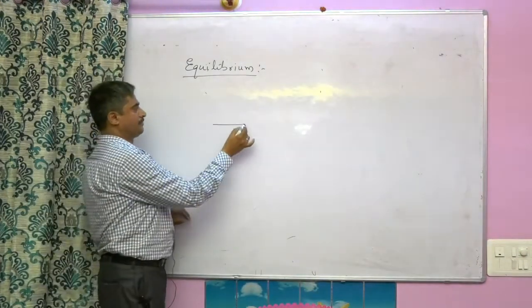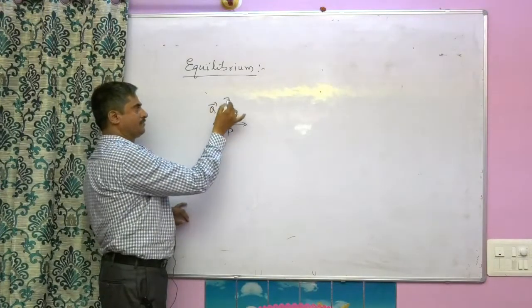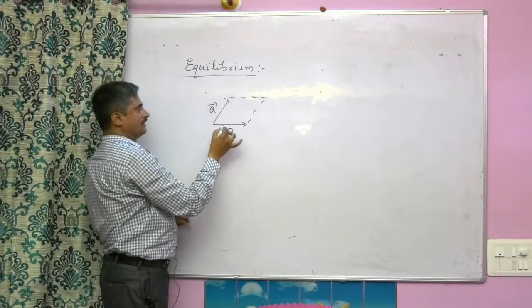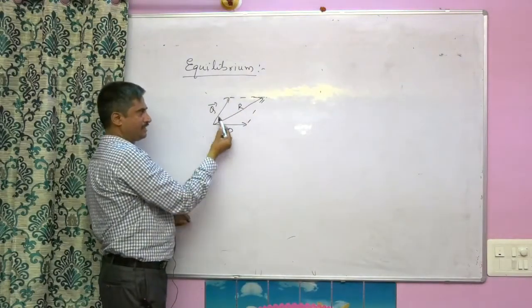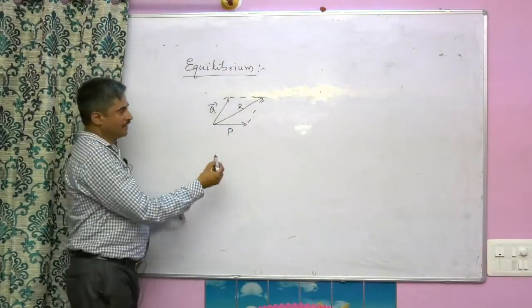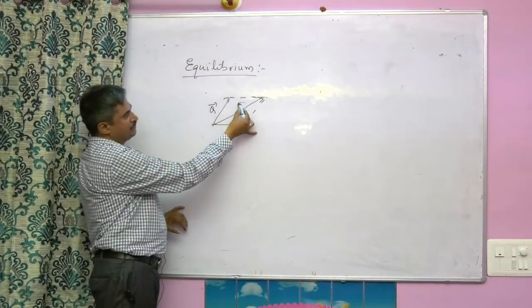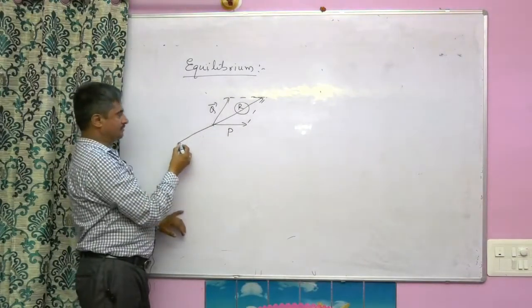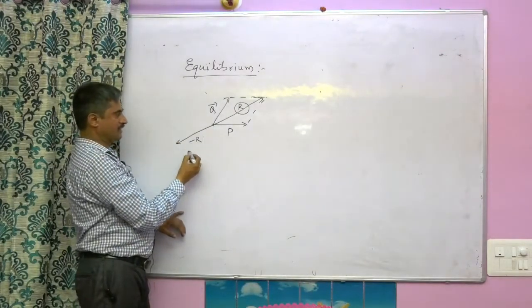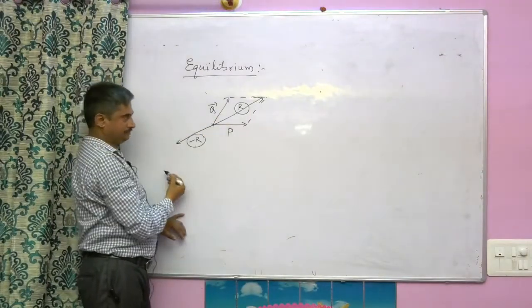For example, vectors P and Q are acting at a point, then the net effect is R. This is the resultant force. P and Q are individual forces. If you apply a force which has magnitude equal to R and in opposite direction, this is minus R. This minus R is called the equilibrant of R.